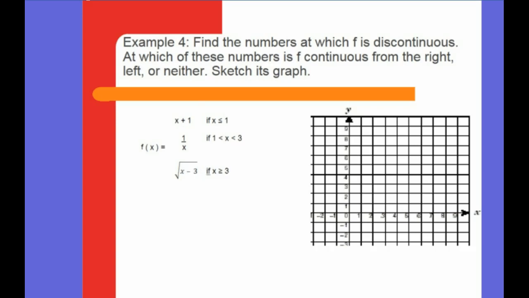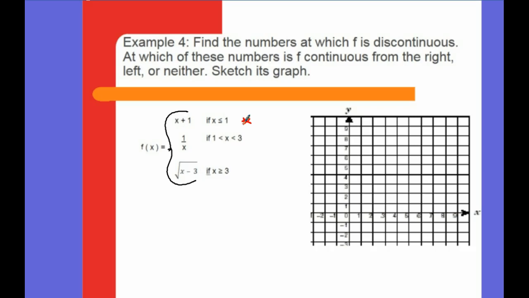Okay, I know how much we love piecewise. Take a minute and graph yourself out these three functions. So piecewise functions are like the ones that matter for continuity the most because typically they're the ones where we have our issues. So we'll graph the first part. We're graphing x plus 1 for all x values less than or equal to 1. So I need to know where does it start at 1.